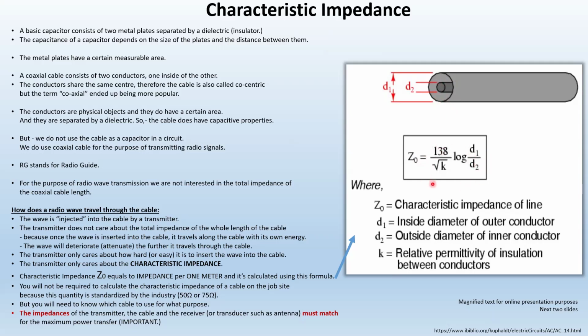Here's the formula. Notice one thing. Nowhere in this formula is mentioned the total length of the cable. Did you notice that? So the characteristic impedance of a cable does not depend on the length of the cable.